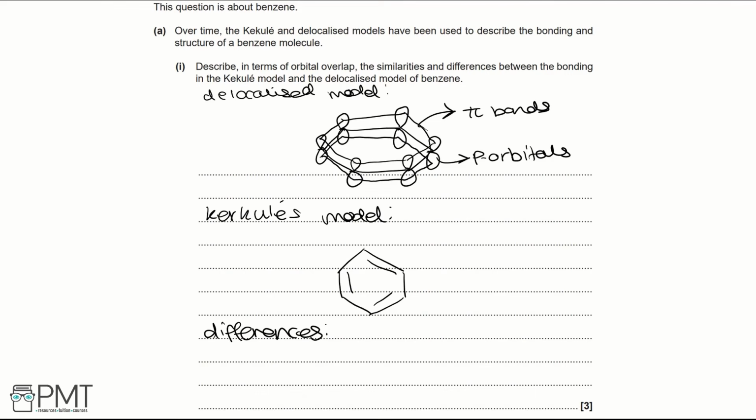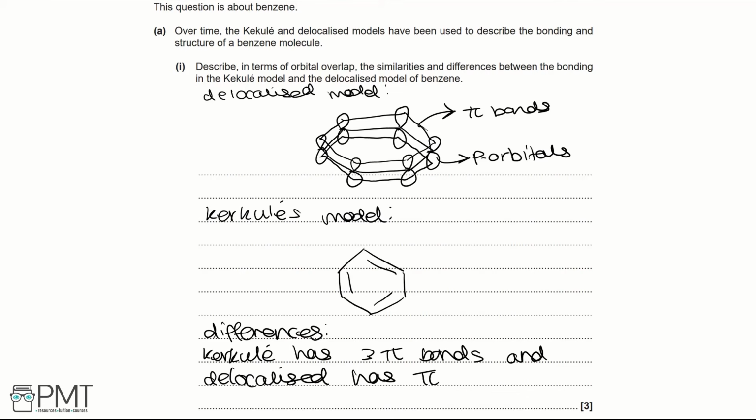Kekulé's model has 3 pi bonds, which we can see as our double bonds on our diagram. But the delocalized model has a pi ring system. So this is what we would write as our differences, that the delocalized model has a pi ring system and so doesn't have 3 pi bonds, instead it's a ring system.